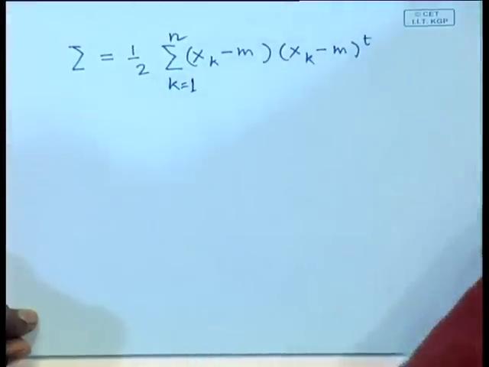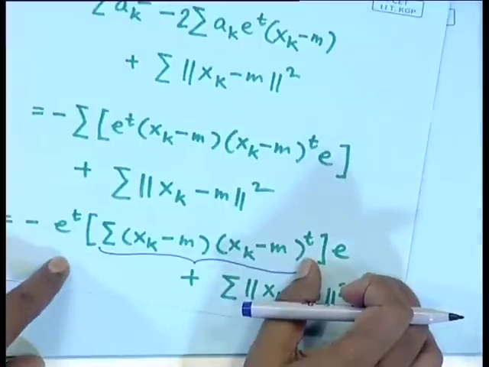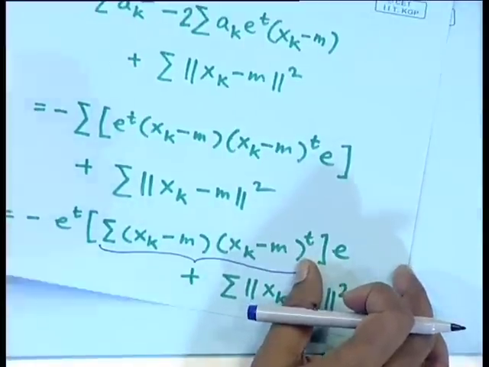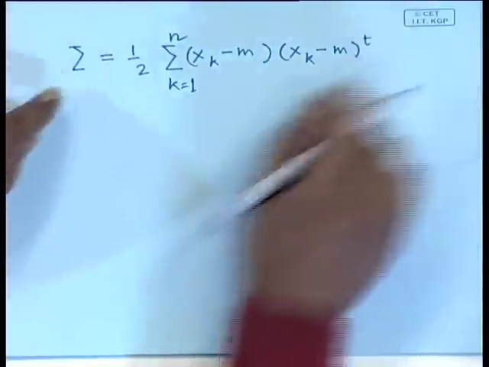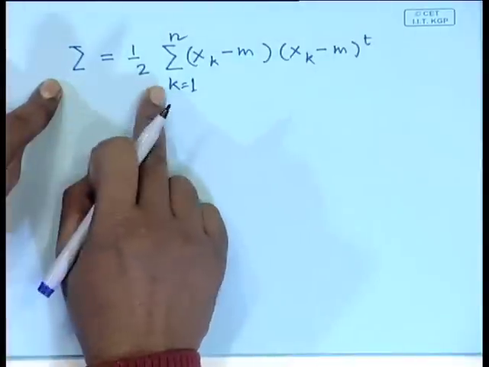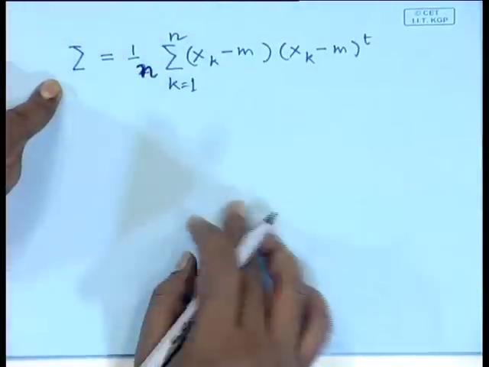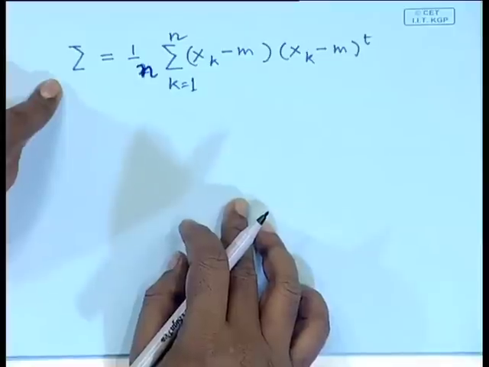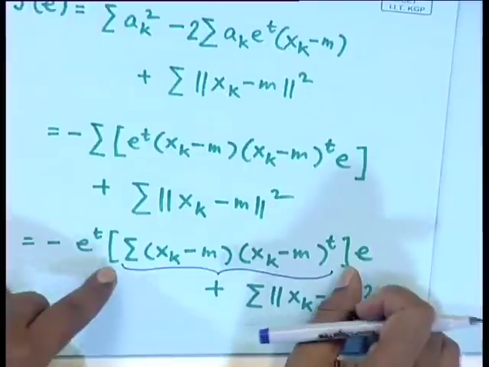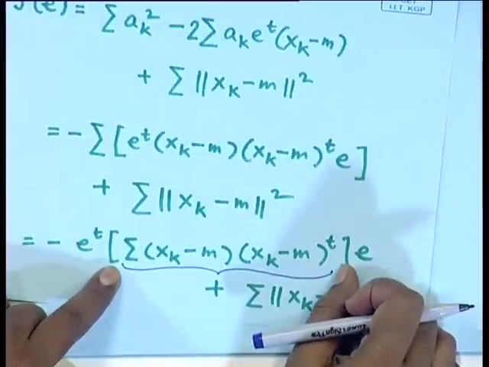And here you find that this term is nothing but a scaled version of this term. So, if I multiply this covariance matrix, this is 1 upon n, sorry, if I multiply the covariance matrix by n, which is the number of samples over which I am trying to compute the covariance matrix, I get this term. Okay. And this is what is called the scatter matrix. Okay.